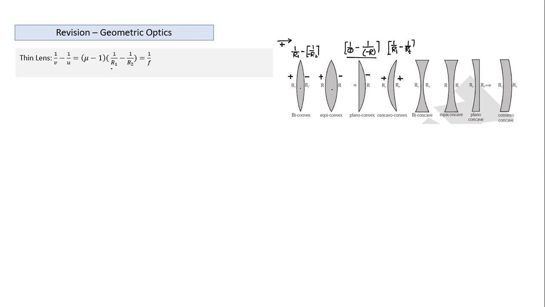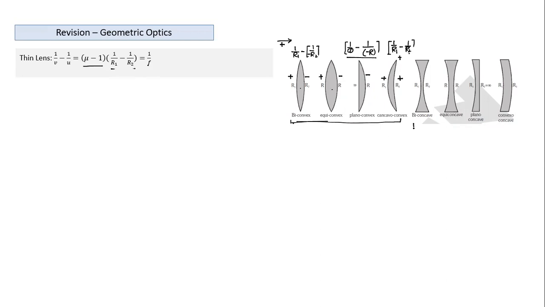So if R2 is larger, the negative term is smaller than the positive term, and the whole term will come as positive. So see what we noticed so far: all of these come into the group where this term evaluates to positive. And if it is placed in air, this term is also positive, so the focal length will come positive. So all these four are what you may call convex lenses. Okay, these are all convex lenses.